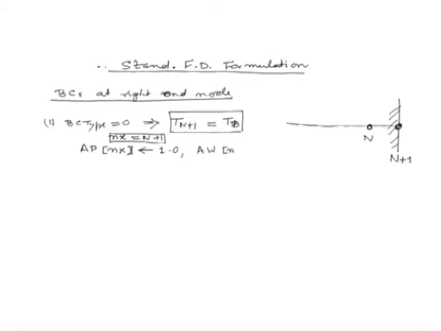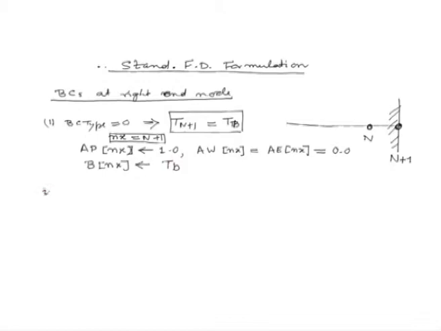AW nx and AE nx will both be provided with 0 value, and in our right hand side vector b at nx, we need to store the specified temperature value.